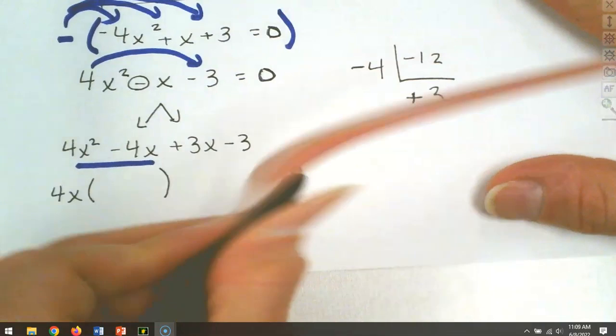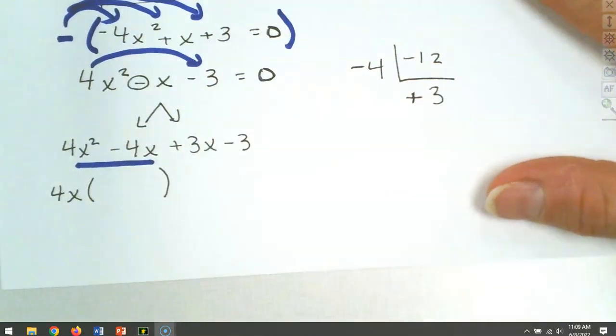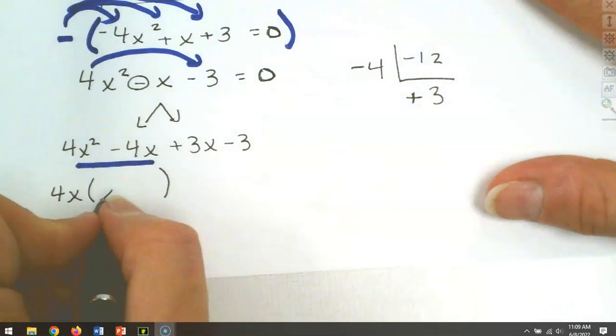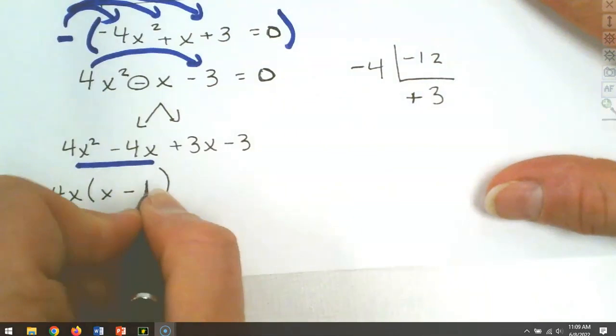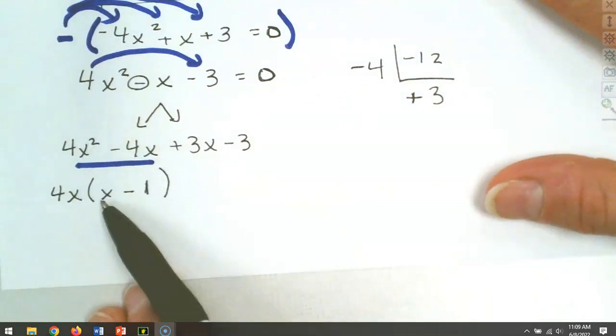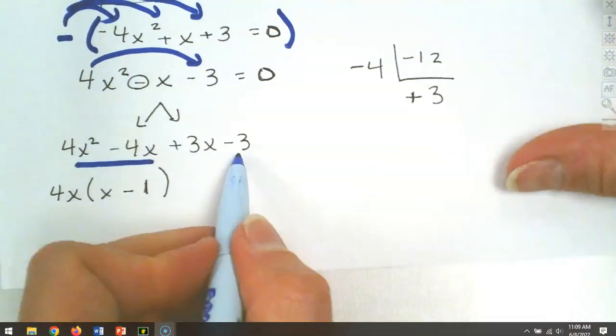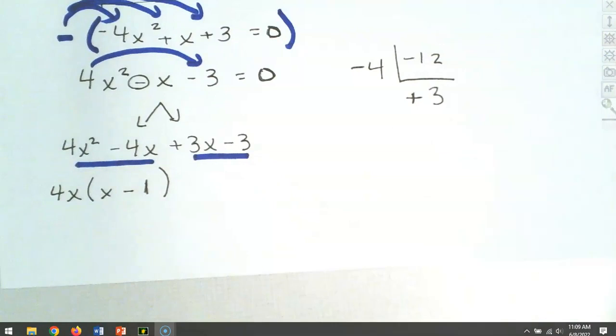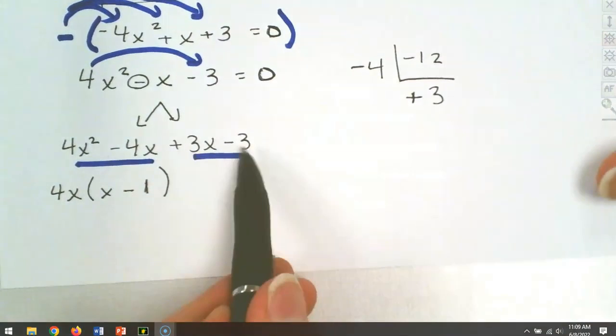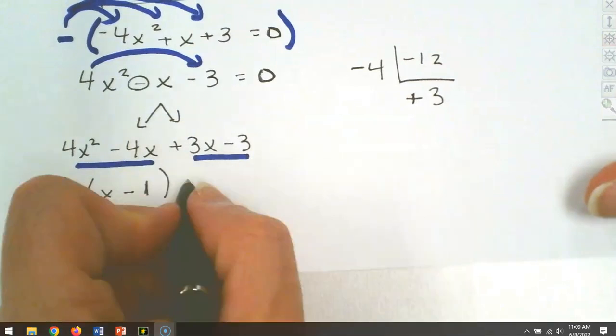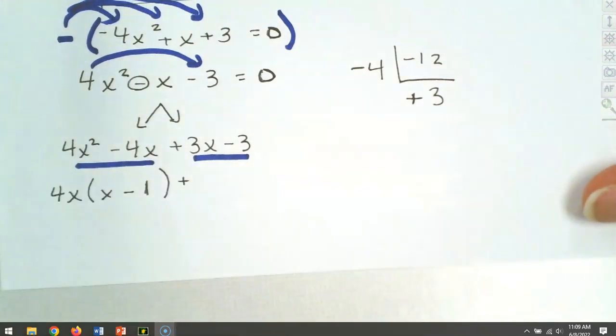And what would be left over then? Yep, minus 1, right? Because the 4 came out. So that leaves you then with an x minus 1. And the next two pieces, what can come out of here? These have a what in common? 3.